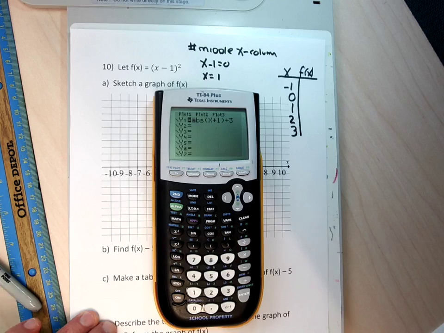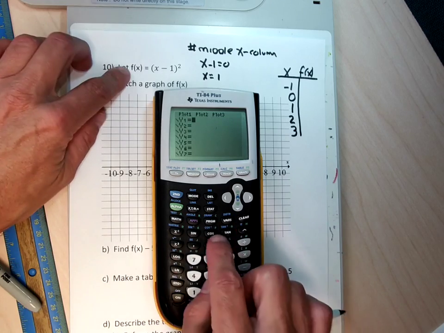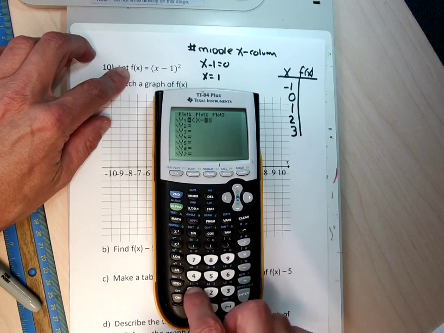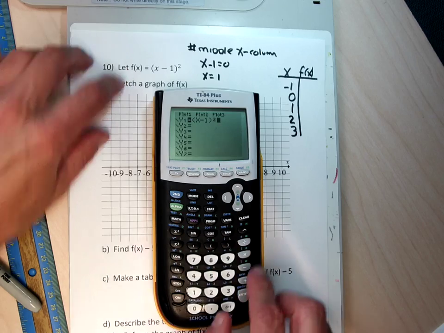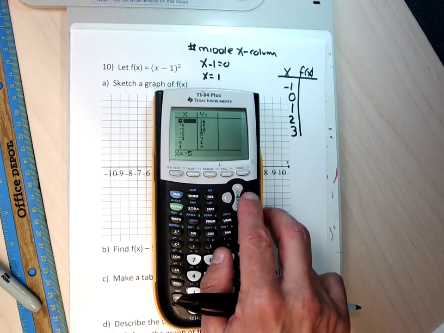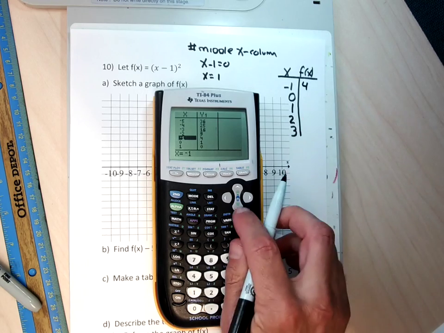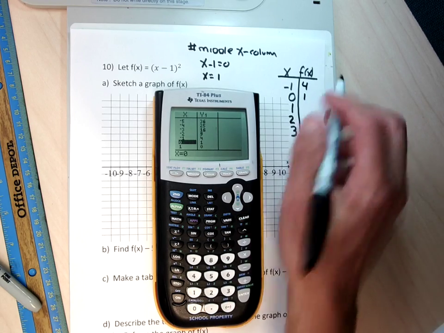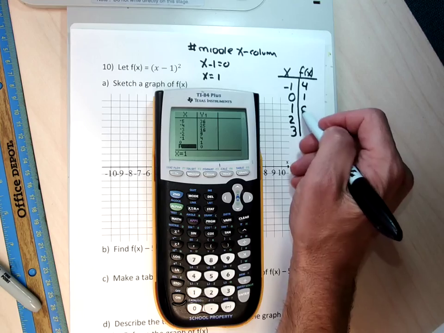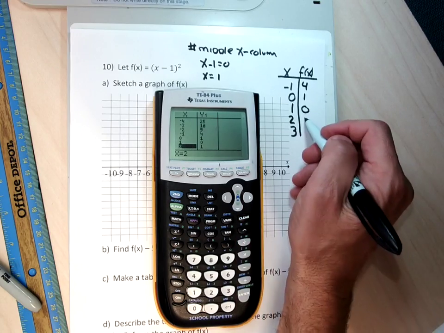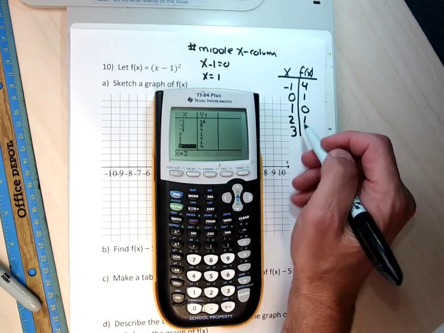So I'm going to go y equals clear, parentheses, x minus 1 squared, and then second table, next to negative 1 I see 4, next to 0 I see 1, next to 1 I see 0, next to 2 I see 1, and next to 3 I see 4.